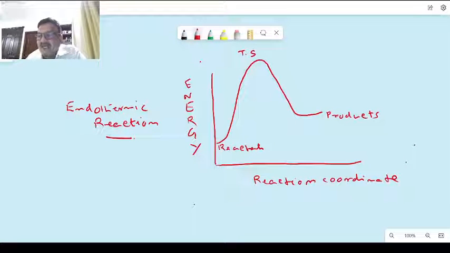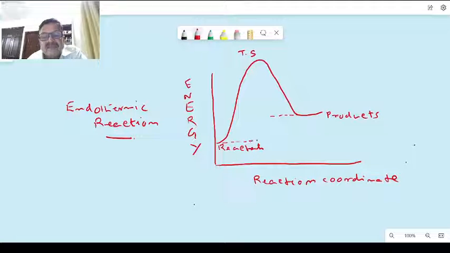Now we can see the energy level here, which is closer to what? The transition state is closer in energy to the reactants or the products. That is what we have to see now. The transition state in the case of an endothermic reaction is closer to the energy of the products, because this is the energy level of the products and this is the energy level of the reactants.